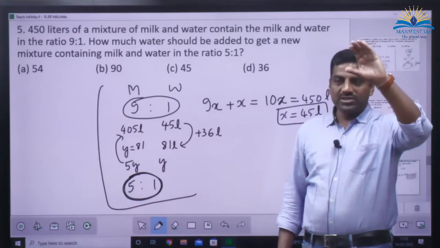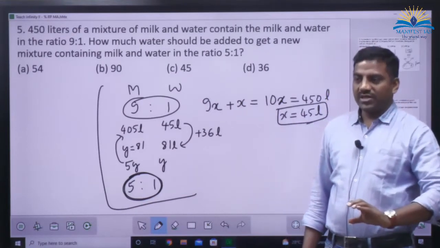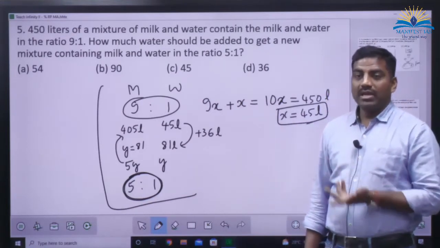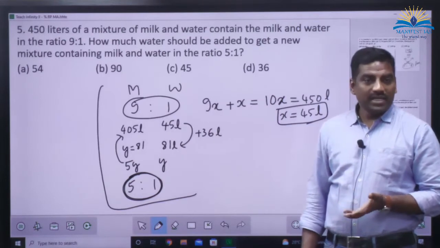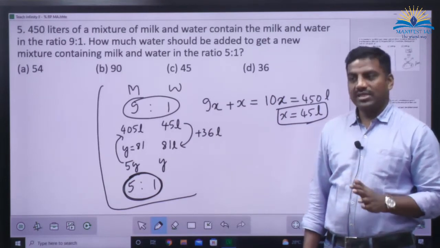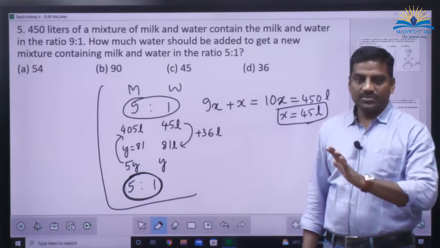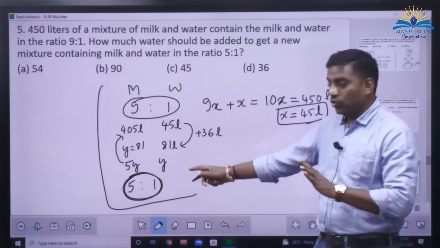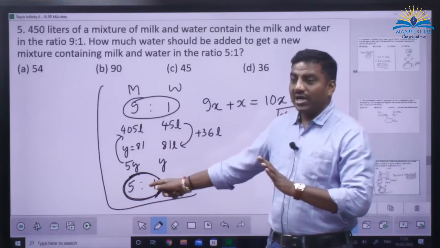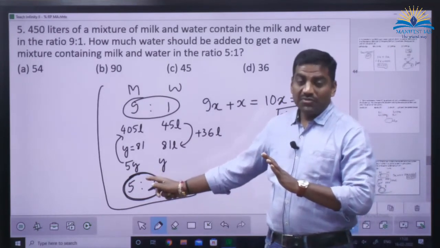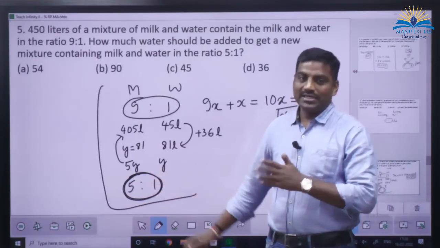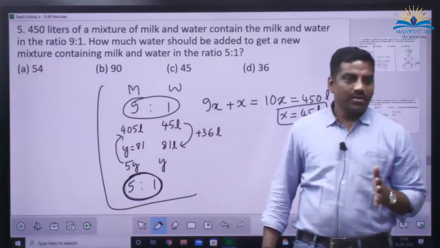Earlier the ratio was different, now the ratio is different. Why? The milk has been added. That is why the ratio is changing. Milk has not changed, only the water has changed. That is why it is a new ratio and we have to take it as 5y is to y only. If you take 5x is to x, then it goes wrong. Okay, fine.